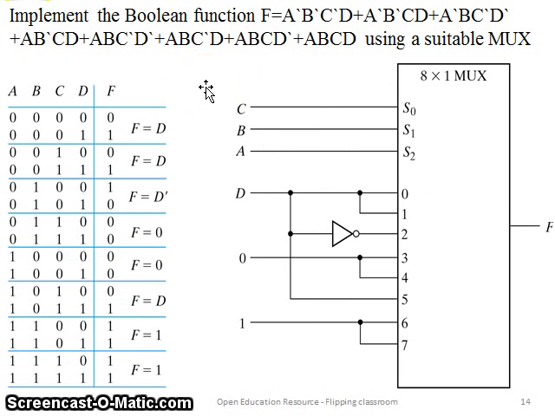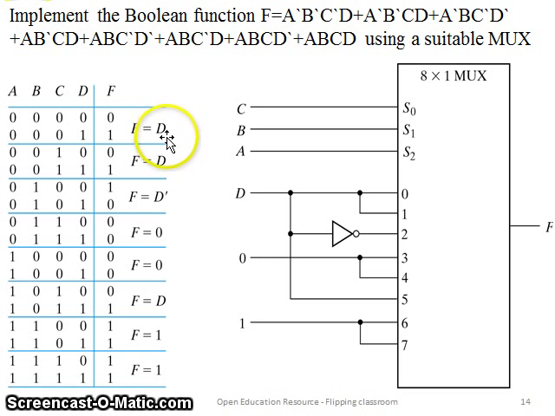Similarly here, using 4 variables, the function f can be realized using an 8:1 mux. A, B, C are the 3 select lines, and the fourth variable is D. Now we express the output f in terms of the variable or zeros and ones.